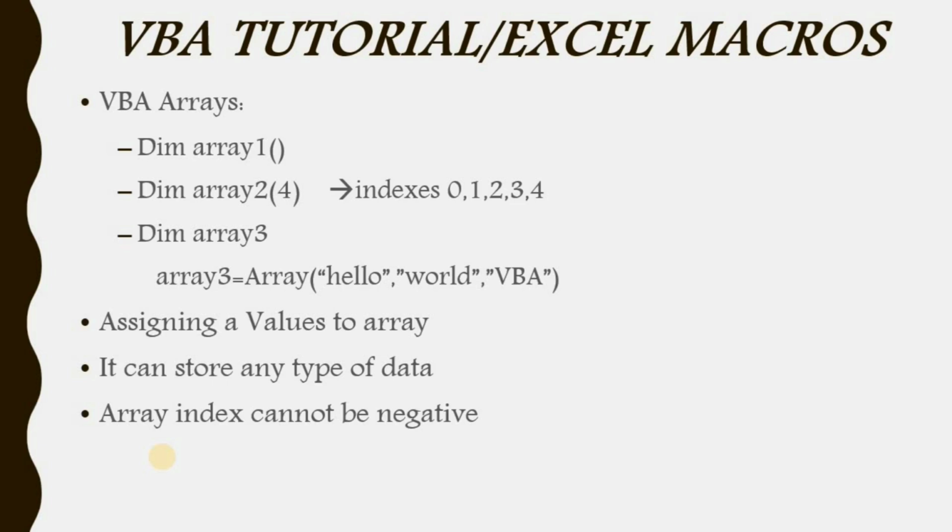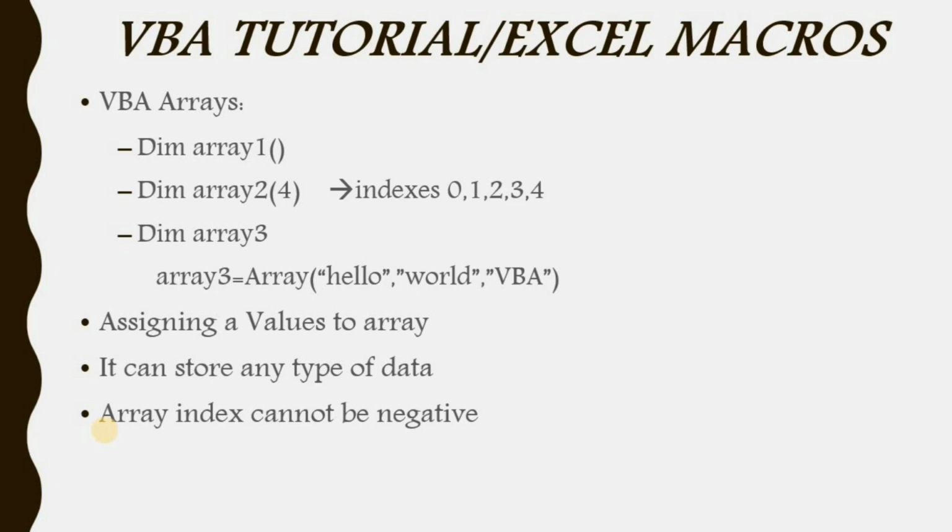So here, by default, if the variable name is followed by parentheses, it is taken as an array in VBA, so there is no need of declaring any type for an array. Here the size will automatically be determined at the time of assigning values in the VBA code, so there is no need of specifying any size.